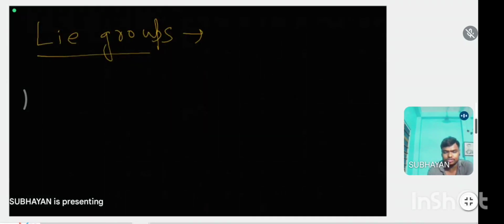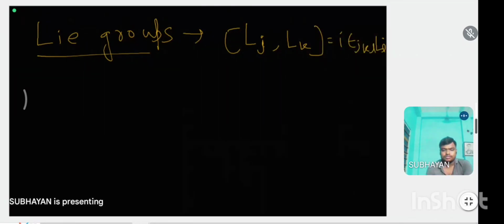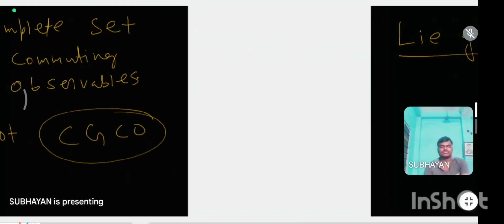So the Lie group satisfies this; suppose the elements of the Lie group are Lj, Lk, and it will be i epsilon_jkl Ll. This is the signature of non-commutation of Lie groups.